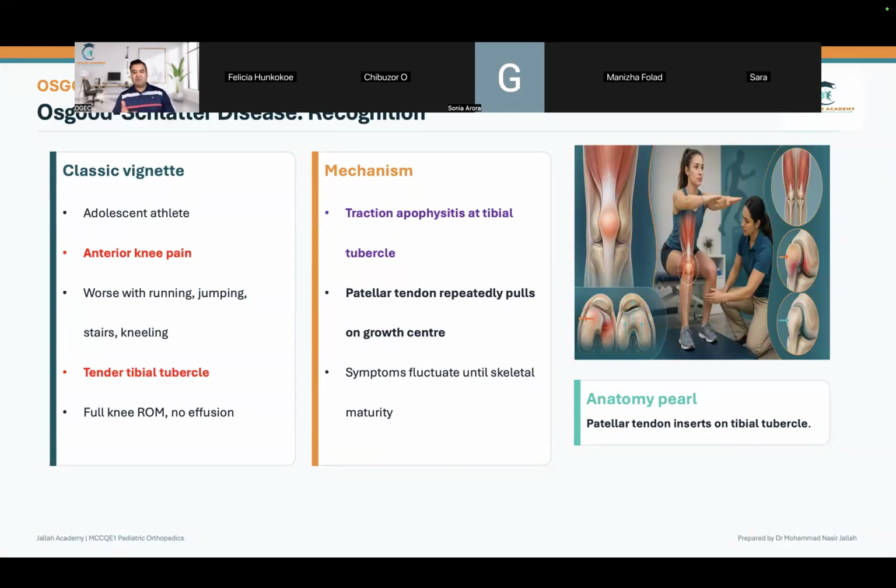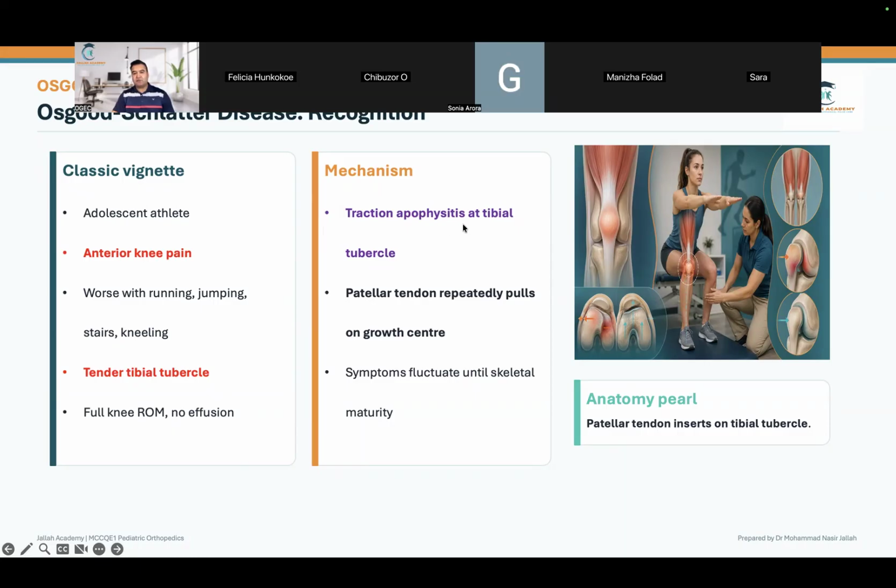Worse with running, jumping, same as patellofemoral syndrome. Stairs, kneeling. Tender tibial tubercle. So anterior upper and anterior lower: anterior lower is Osgood, anterior upper is for patellofemoral. Full knee range of motion, no effusion.